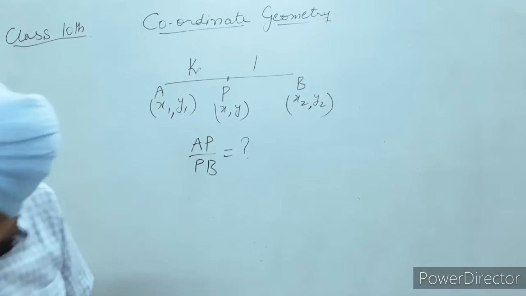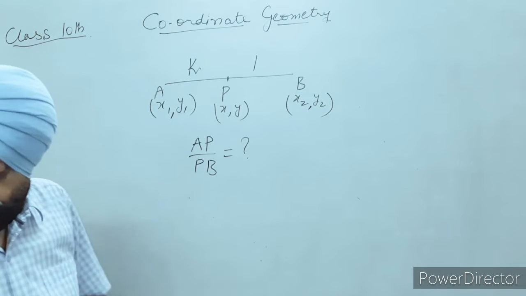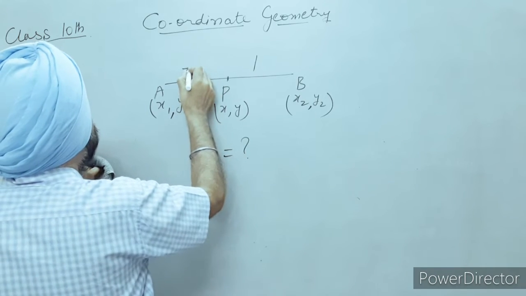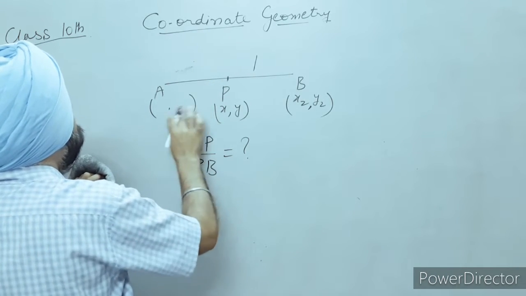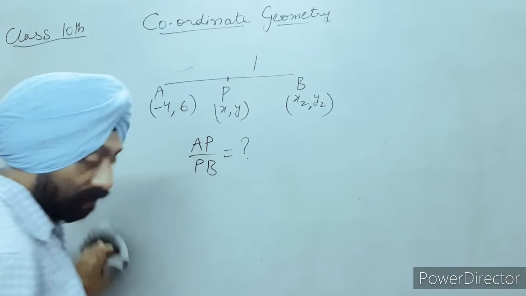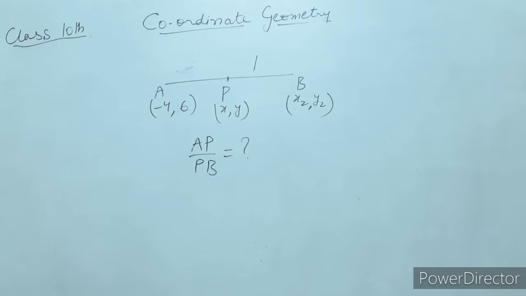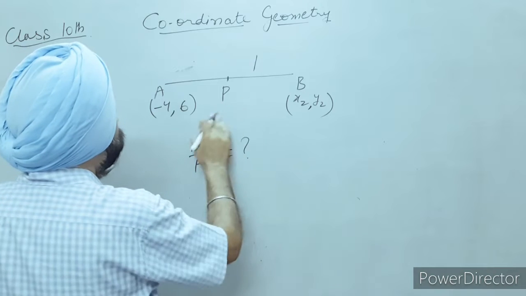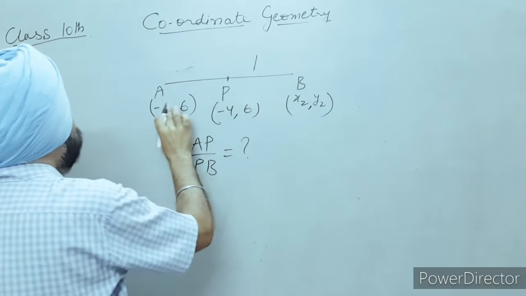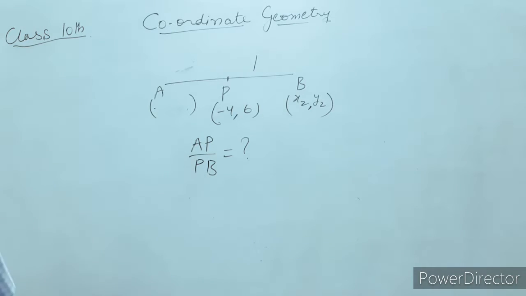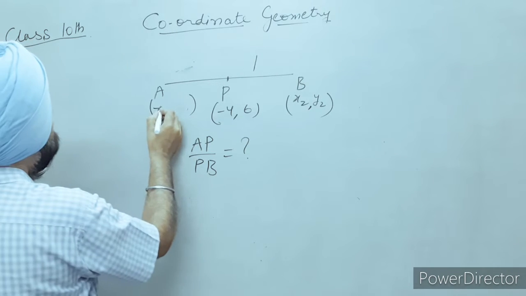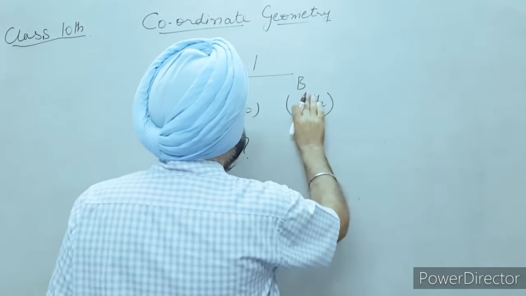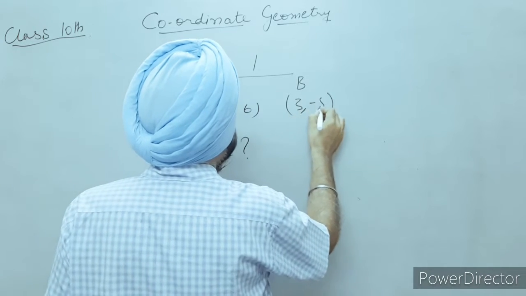Now, let me do the sum. In what ratio does the point (-4, 6) divide the line segment joining A, which is (-6, 10), and B, which is (3, -8)?